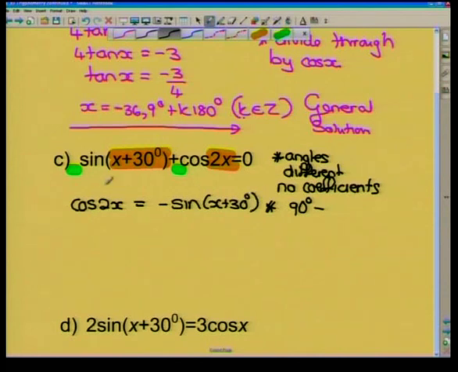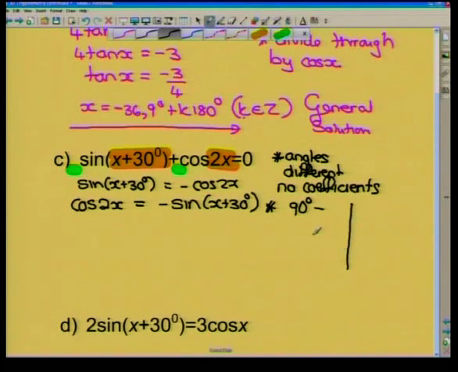Now, if I didn't do that, if I wrote sine x plus 30 degrees equals minus cos 2x, all that would happen is I would have had to times both of these sides by negative 1 to move the negative off the cos. And I'll explain to you why we need to move it off the cos in a moment.